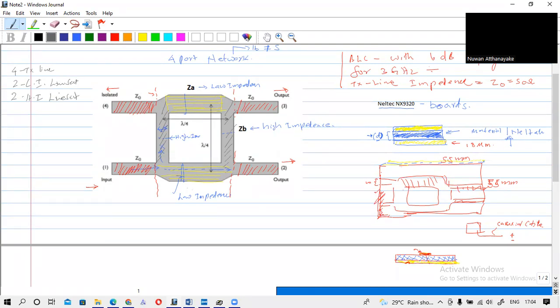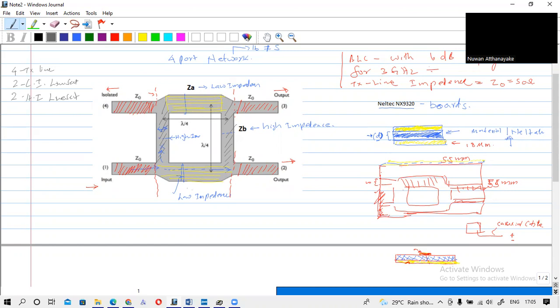So there are altogether eight sections related with this coupler. All these sections are nothing but microstrip. That is the understanding you should get. All the calculations are based on microstrip theory.